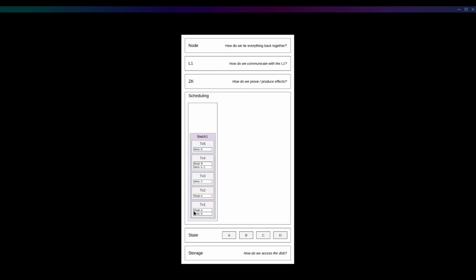This transaction, for example, says I want to read the object A, I want to write to resource B. Transaction 2 wants to read A, transaction 3 wants to write C, and so on. These can be arbitrary resources that you want to access, but every transaction ultimately needs to name the resources that it wants to touch. This model is very similar to what Solana is doing, where you have pre-declared dependencies, and those dependencies will then allow us to get more parallelism out of the entire system.